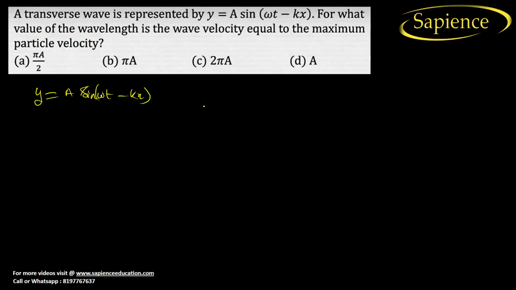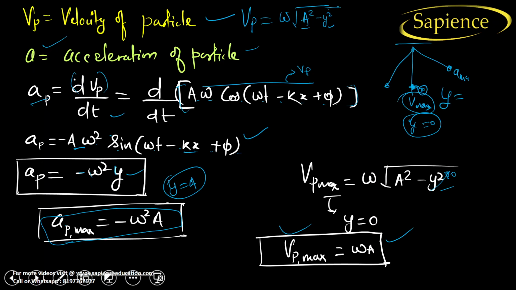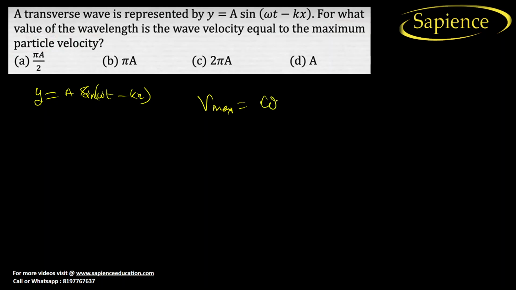Maximum particle velocity, so Vmax is equal to what? Vmax is equal to a omega, where a is the amplitude of the particle and omega is the angular velocity. Now we have got the maximum velocity.